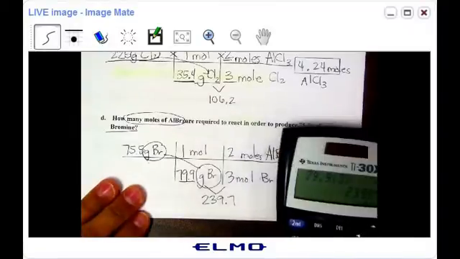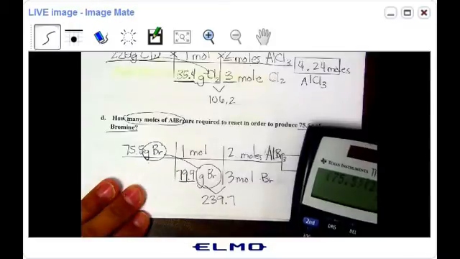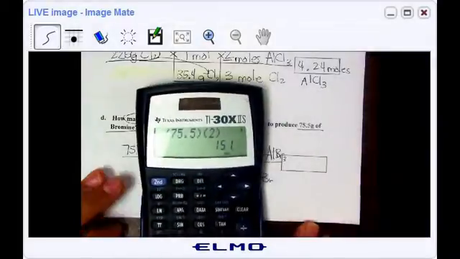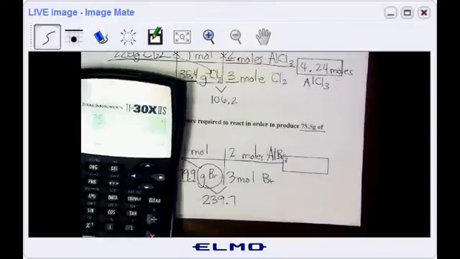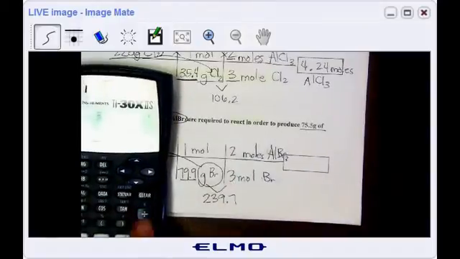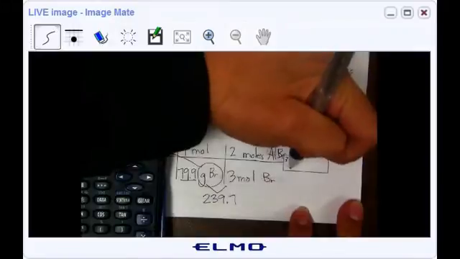I'm going to multiply the top. 75.5 times 2. That gave me 151. Now I'm going to divide it by this number because that is the two bottom numbers multiplied together. 0.63 is my final answer.